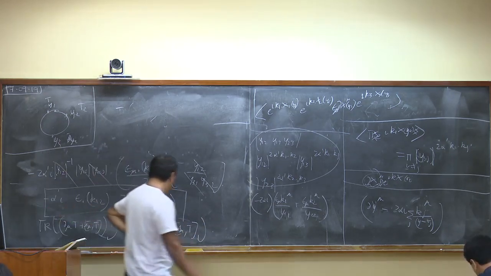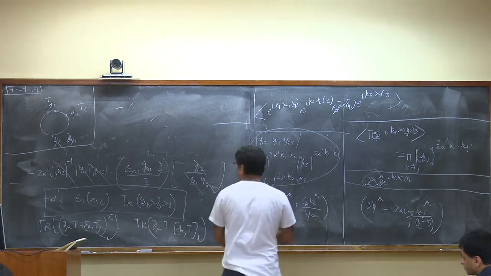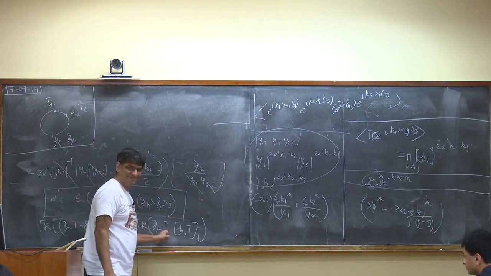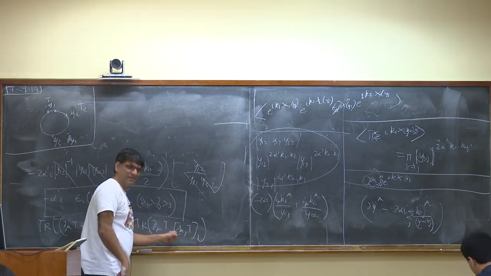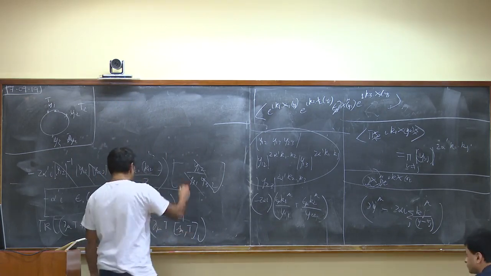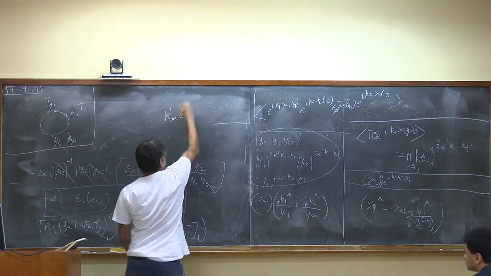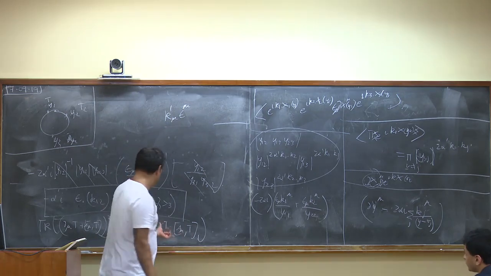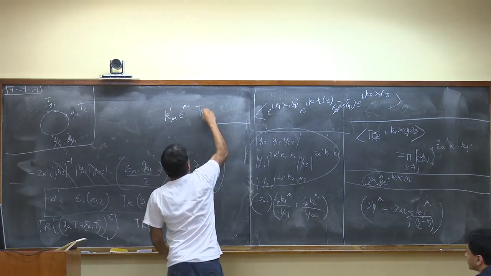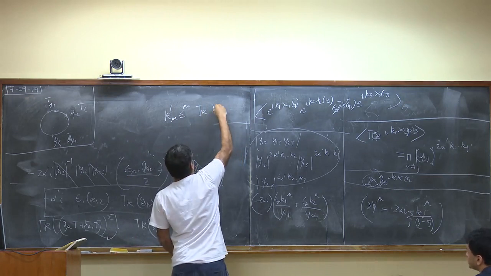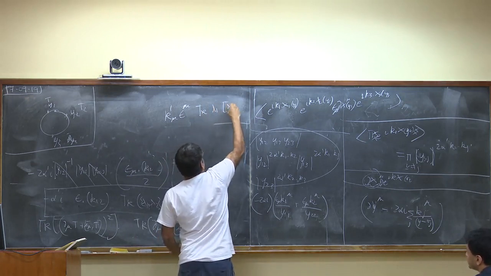Now, what will this amount to? Let's say this was particle 1, this was particle 2, this was particle 3. This would amount to k1 mu epsilon mu, trace of lambda 1 commutator lambda 2 lambda 3.